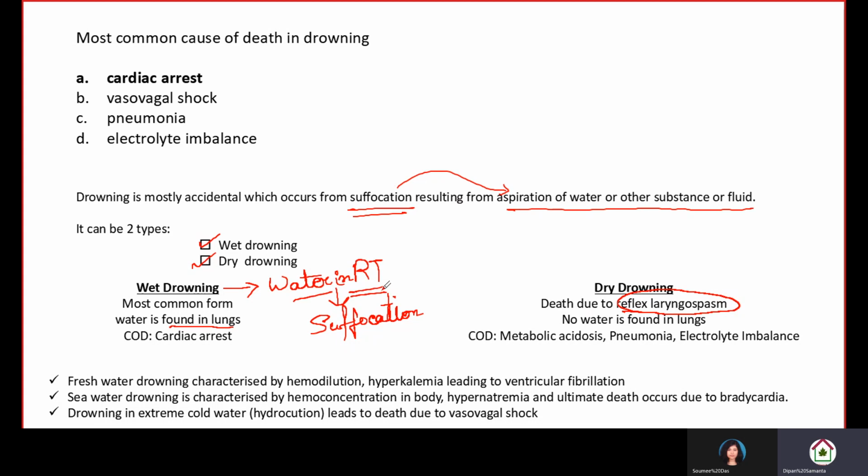Water enters the respiratory tract and suffocation occurs.